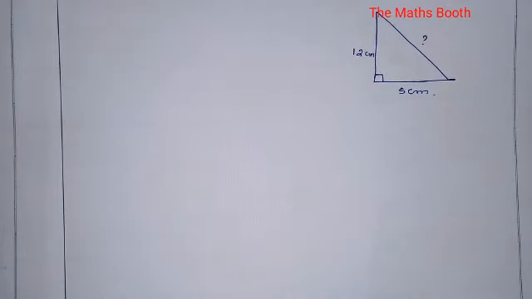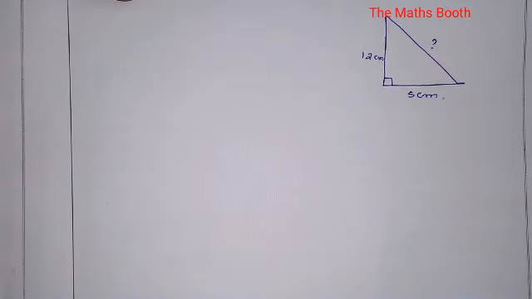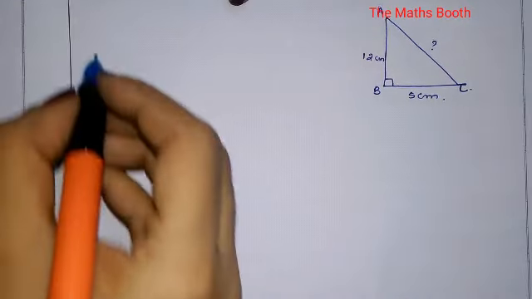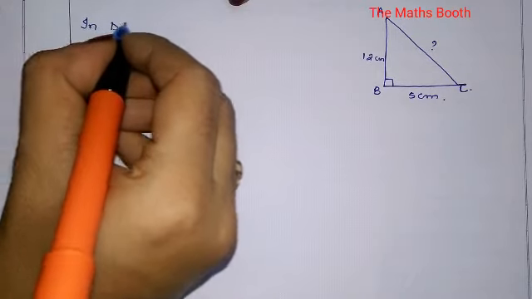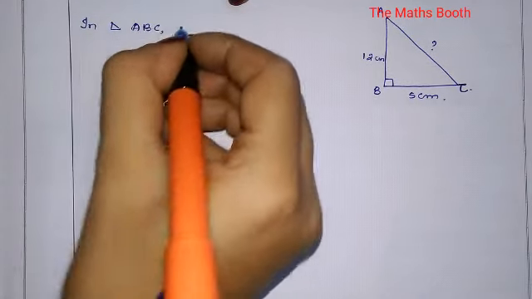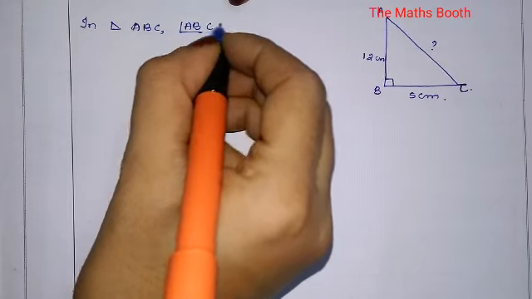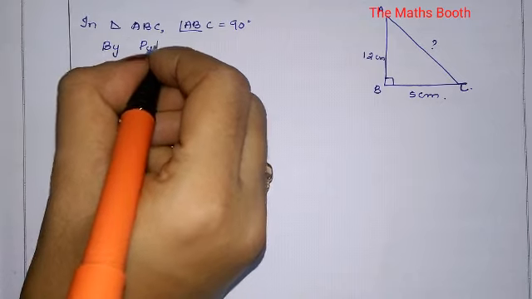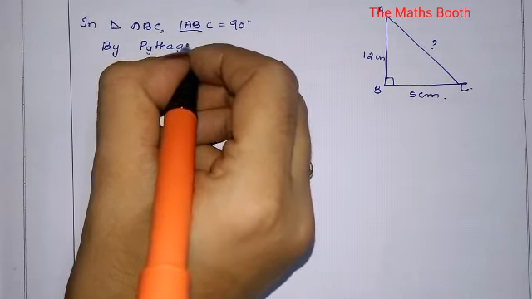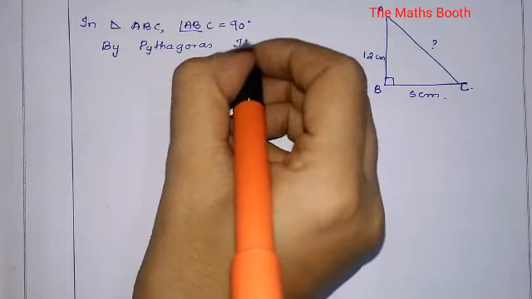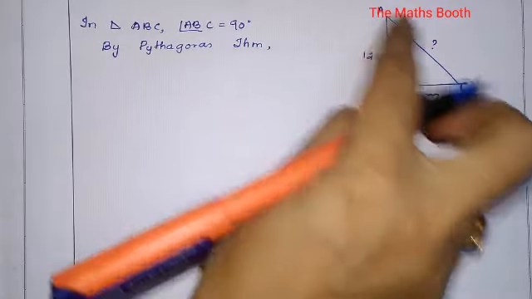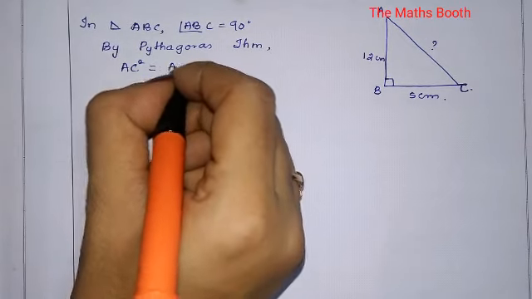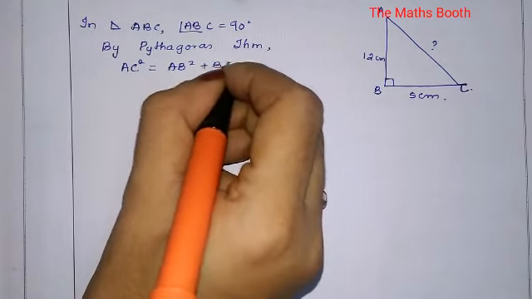Okay, let us find. Now we'll give some name, ABC. We can write in triangle ABC, angle B is 90 degrees. By Pythagoras theorem, we know that in this chapter theorems are very important. Hypotenuse square, AC square, is equal to AB square plus BC square.